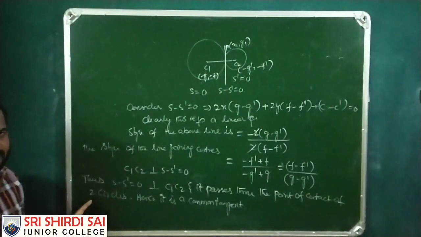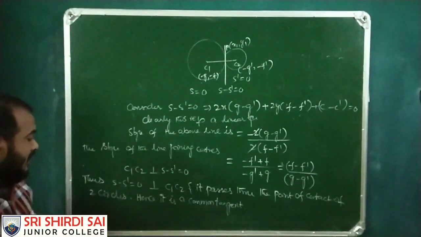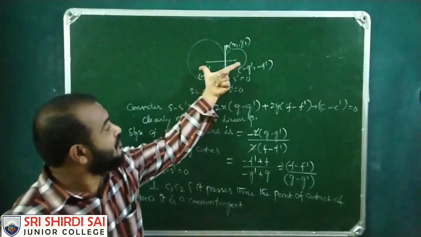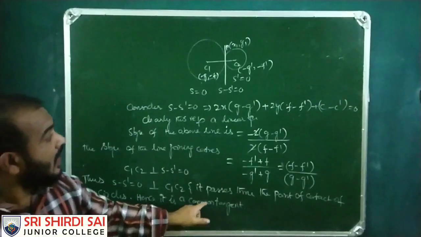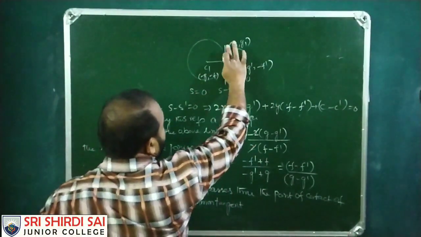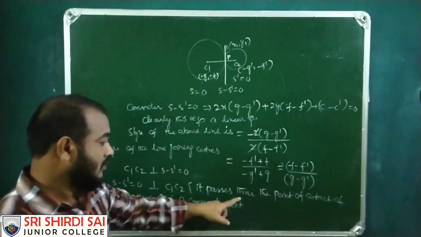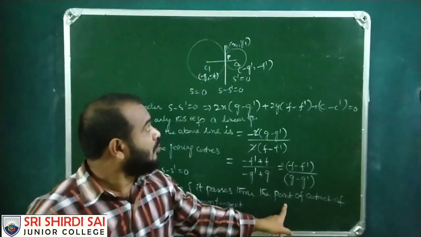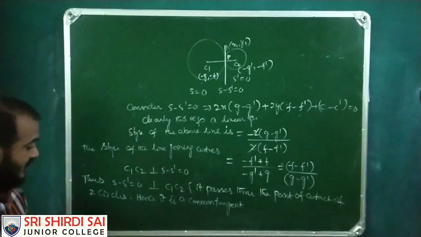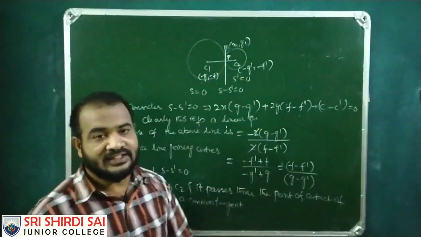Hence we arrive at the concept that S minus S dash equals 0 is perpendicular to the line joining the centers C1C2, and this also passes through P. What is P? P is the point of contact of the two circles. Hence it is a common tangent.